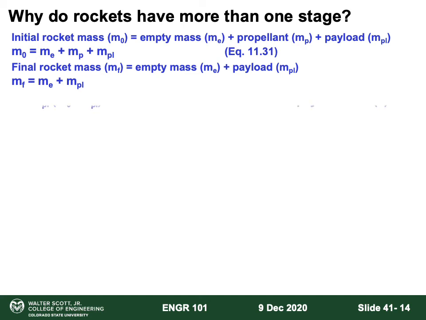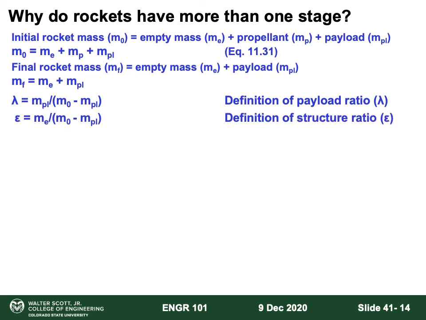So we have those two equations, and now we can define some ratios. One of those ratios is what we'll call the payload ratio, which is the amount of payload divided by the initial mass minus the amount of payload. So how much stuff do we have to throw away to get the payload up?